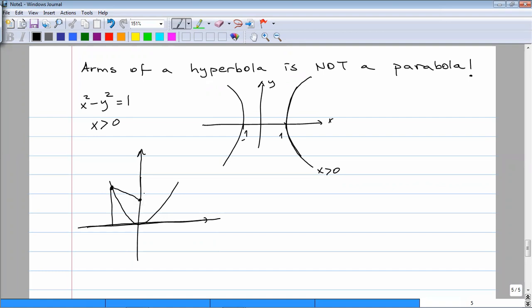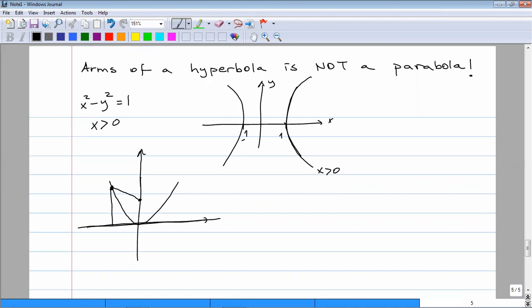This line is called the directrix. It is true that it is symmetric, but the hyperbola is also symmetric. But on the parabola, you have this property that any point on the parabola has the same distance to the focus and the directrix, but on the hyperbola there is not a point like that.